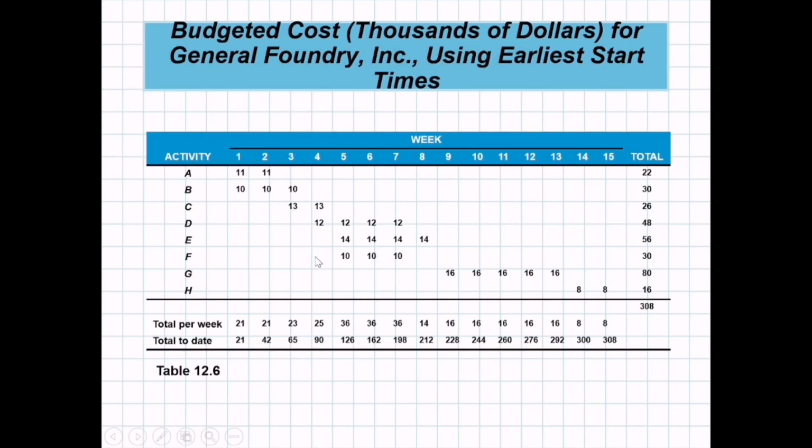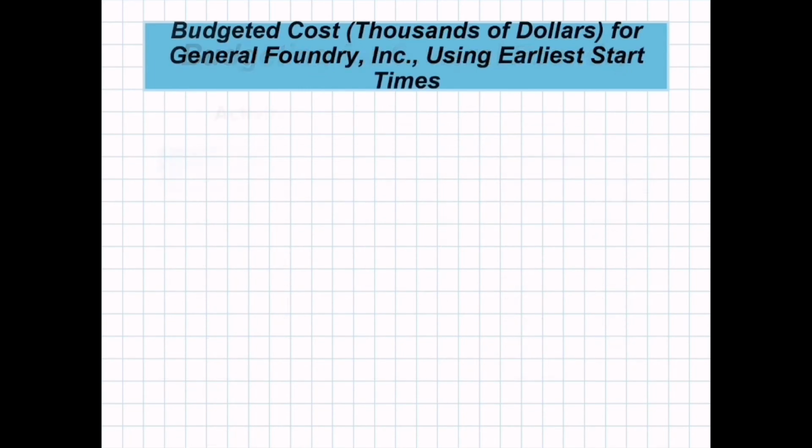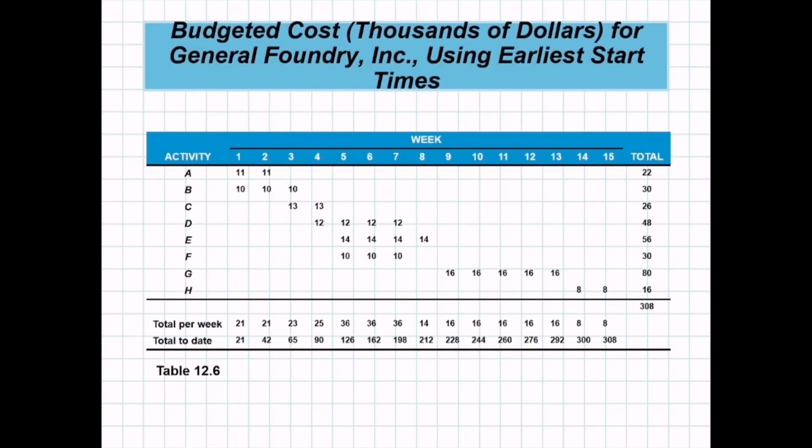So this is now, as you can see, the Gantt chart. Earlier, the Gantt chart was just colors. But now, we have put values on these colors. Right? We said that our budget for activity A is $22,000. However, activity A can be accomplished in 2 weeks. So, $22,000 divided by 2: week 1, $11,000, week 2, $11,000.